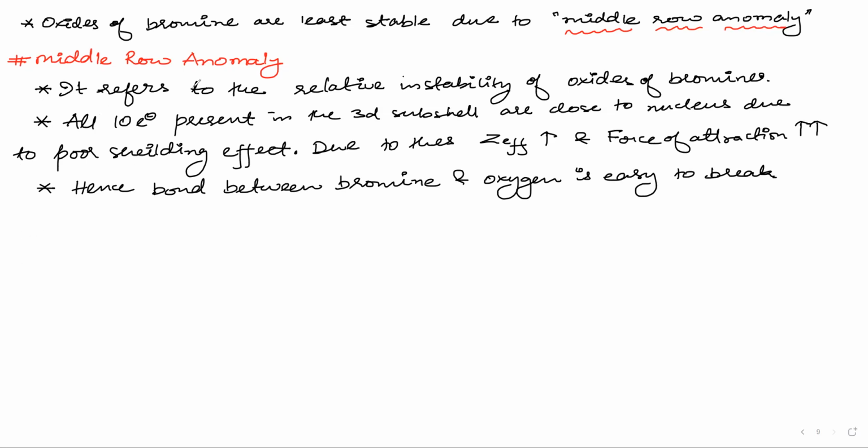Now, we understand that bromine oxides will be less stable, but what are the reasons for more stability of the oxides of iodine and the oxides of chlorine? So write 2 more points. Iodine is larger in size, and hence more polarizable.